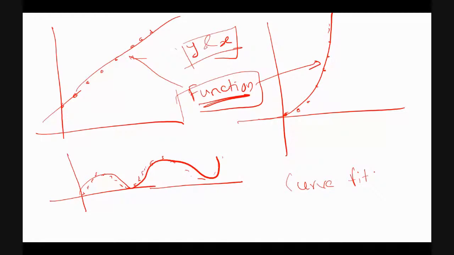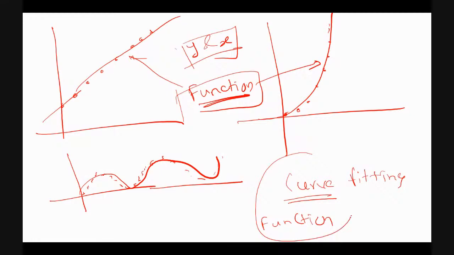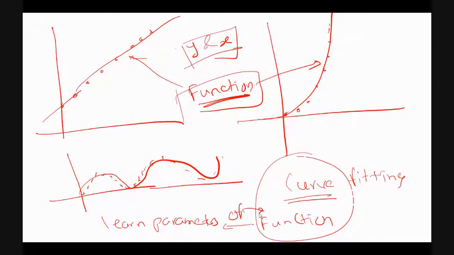The function is the function of the curve. And when we train the model, we learn parameters of the function. So when we do machine learning, which is y is equal to mx plus c for this problem, which we thought was, okay, where is this thing?